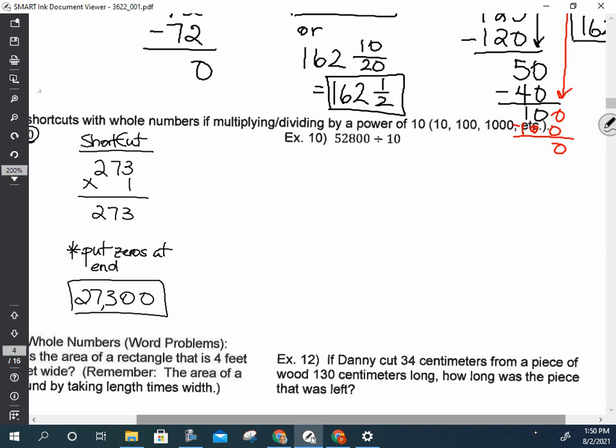Problem 10. So again, problem 10, you can still do it the long way. 52,800 inside, 10 on the outside. You can divide it the long way, no problem. Or you can do it using the shortcut.